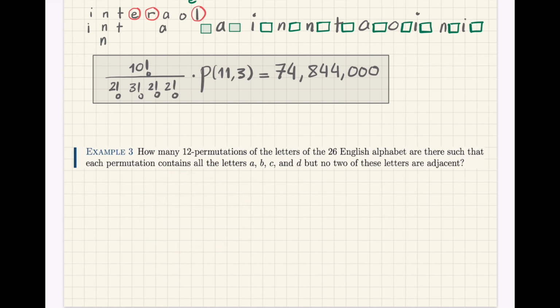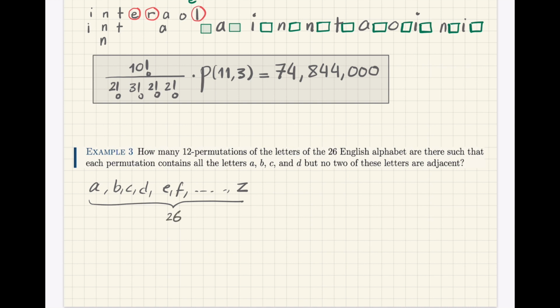But here, there are some limitations. First of all, you are not completely free in your choices. You have to choose A, B, C, and D. Okay, so 4 of them should be A, B, C, and D. So if you write English alphabet, A, B, C, D, and E, F up to Z, the total number here is 26 English alphabets, yes?